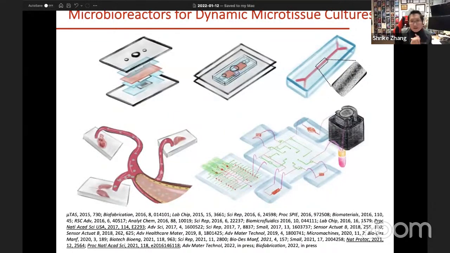So these are some exemplary chip devices we've been making over the years.